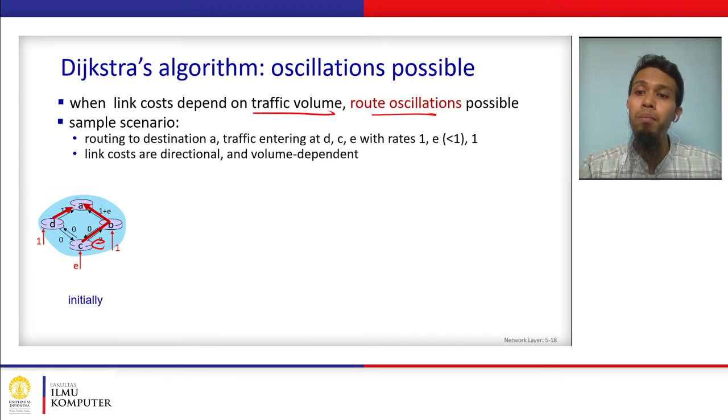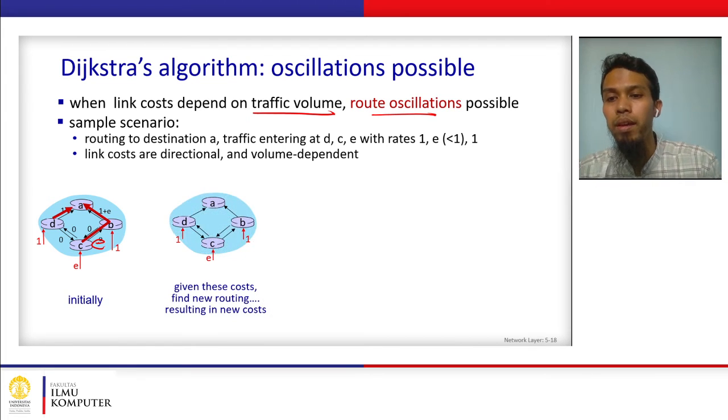But if we take the opposite direction, from B to C to D and to A, there is no traffic going in that direction. Practically there is only one, which is between D and A.